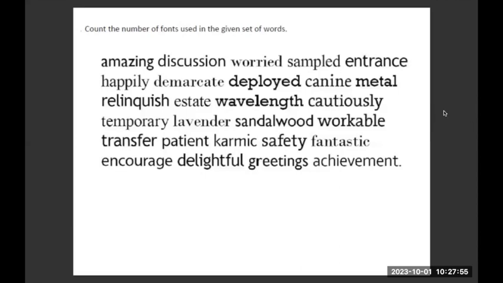Kavya, wrong answer. Tisha, wrong answer.